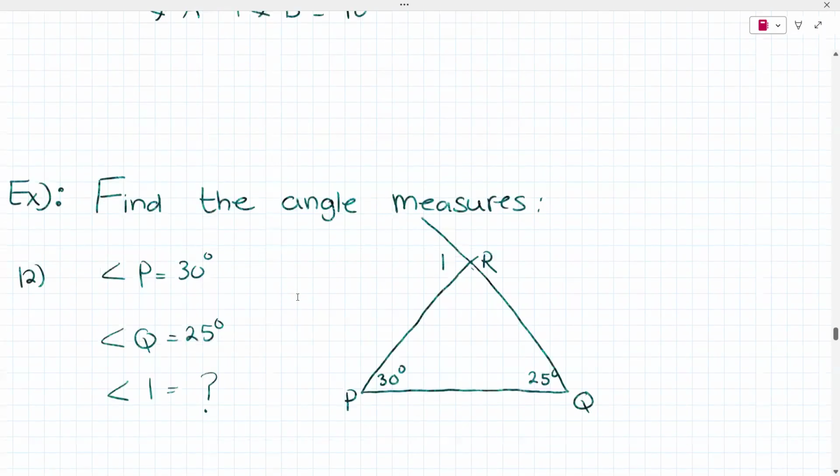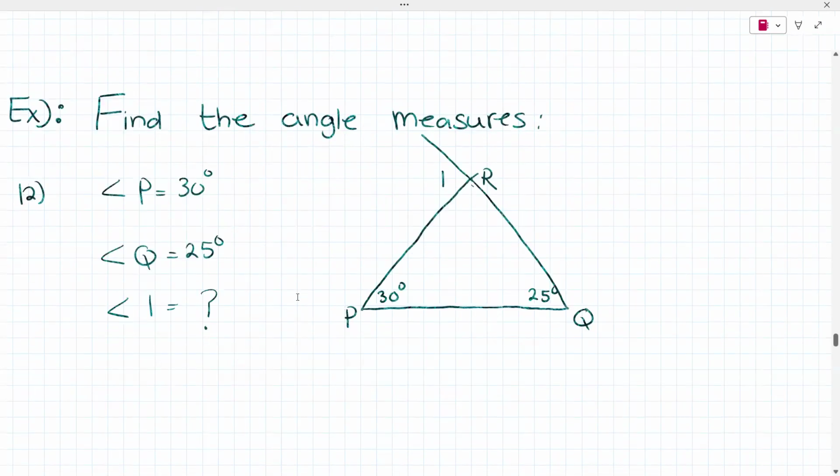Okay, now that you know that, let's do an example. The example says, find the angle measures. So we have this triangle, we have angle P that's 30, we have angle Q that's 25. We have this angle 1 and I don't know what that is, right?